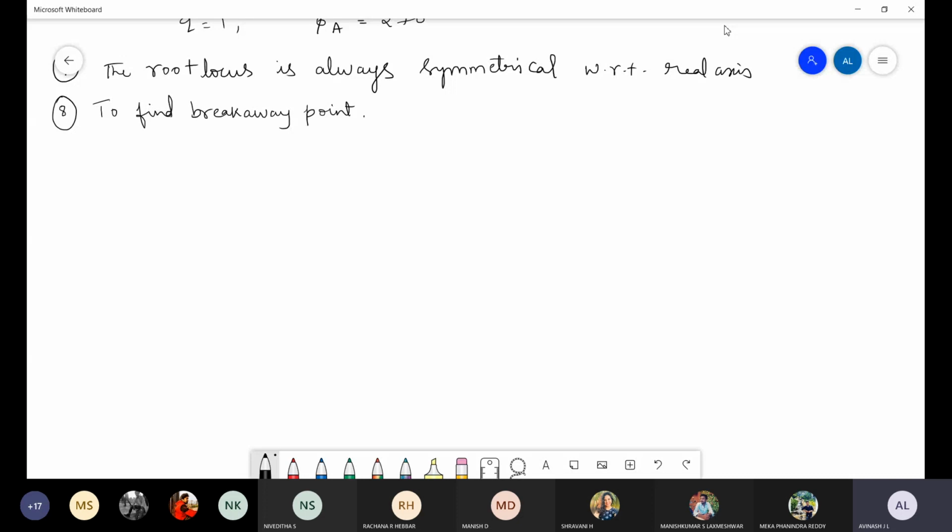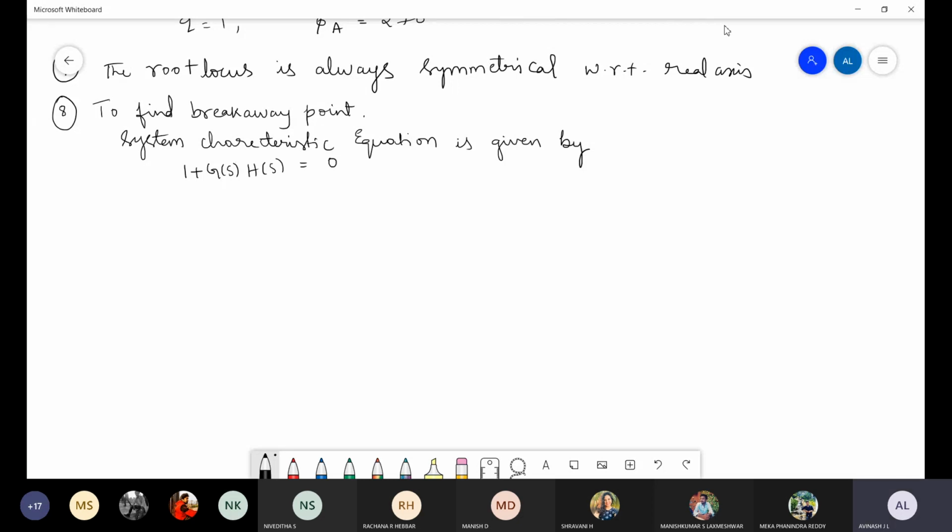In order to find the breakaway point, what you will do is you have to take the system characteristic equation first. So write down: system characteristic equation is given by 1 plus G(s) H(s) equal to 0.